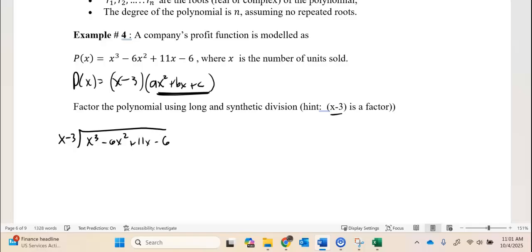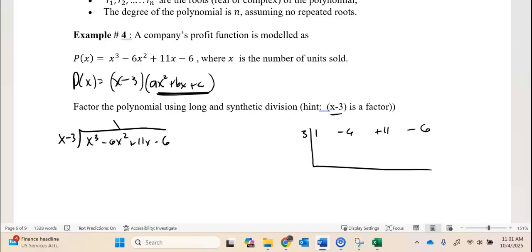And if I did synthetic, it looks like this. It's going to give me the same result. So let's start with the long, and I won't do long much more. I want to show you that the synthetic division works. This will probably be the last example I do of long division because I prefer synthetic. But let's just do one more.